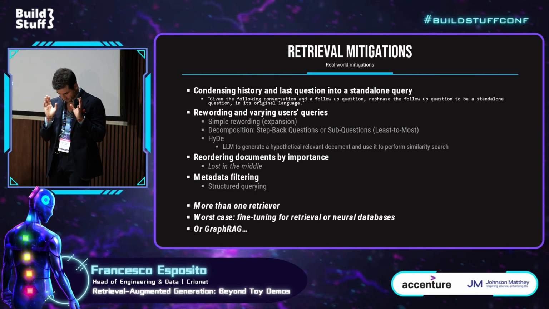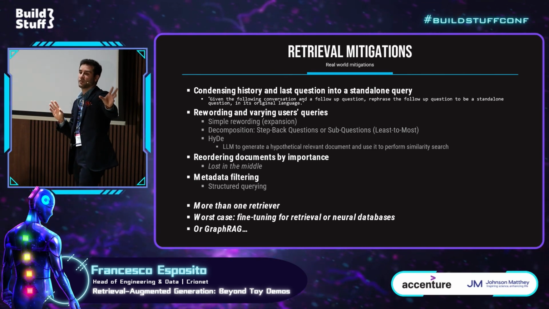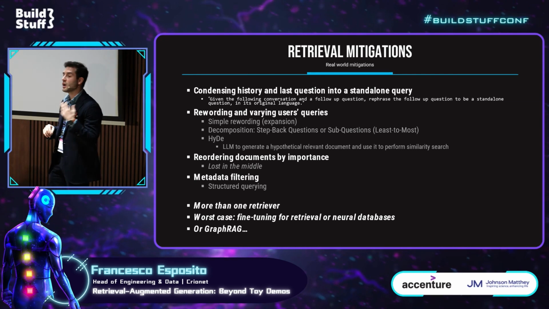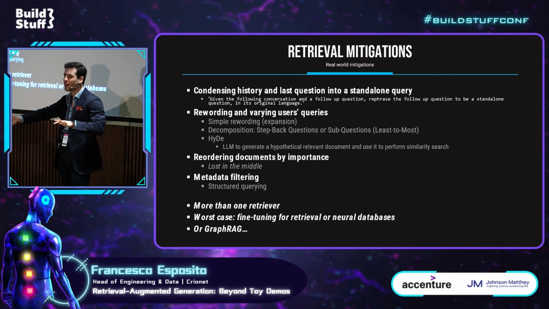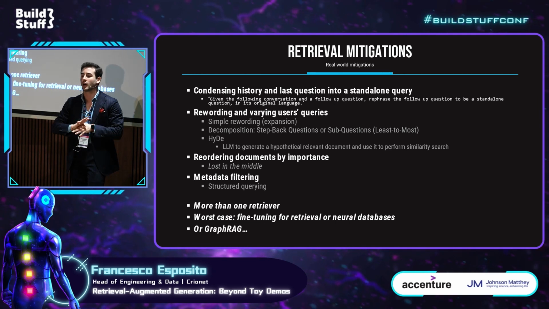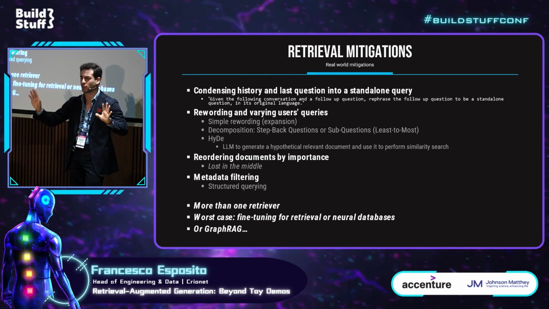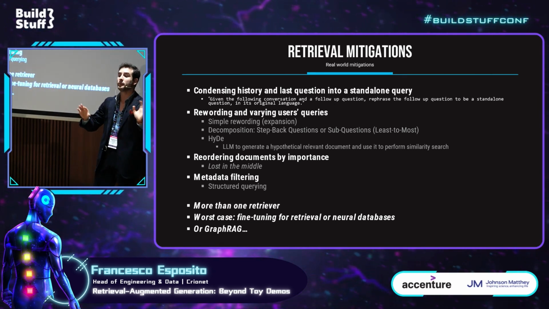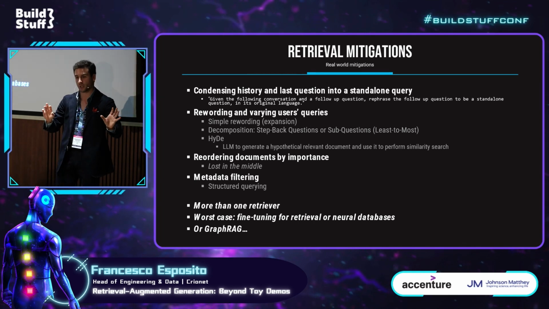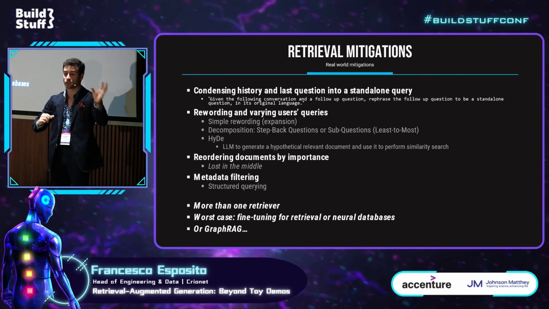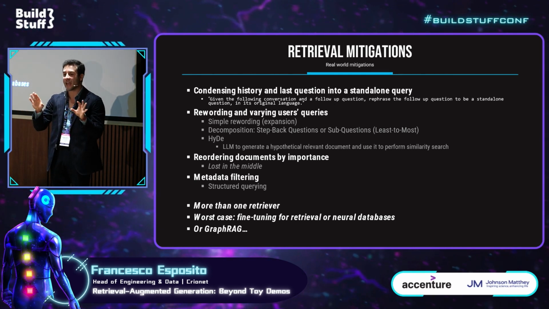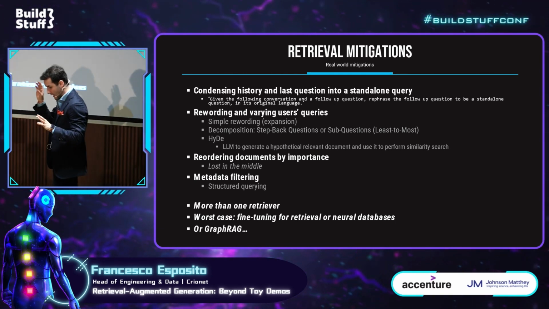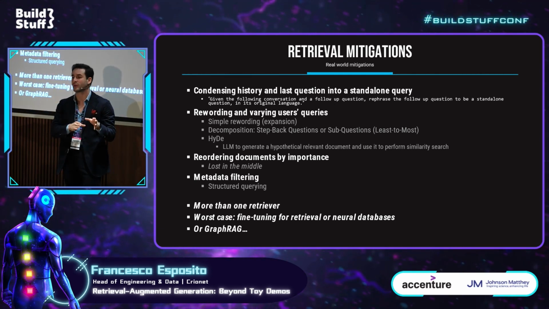This is a bit tricky, but it's a great idea. So, we have a question coming from the user. We are asking a model to generate, with no knowledge of our document base, nothing, just asking a model, please give me an answer, generate me a document that answers this question. We don't care if the answer generated by this smaller model is accurate or not.